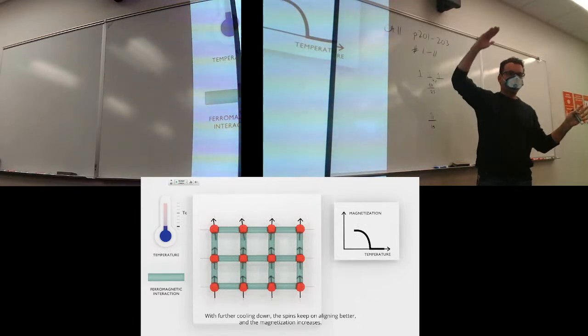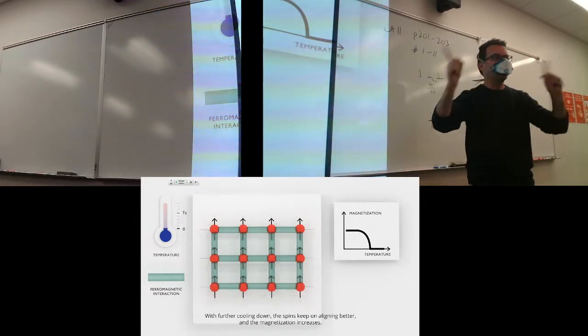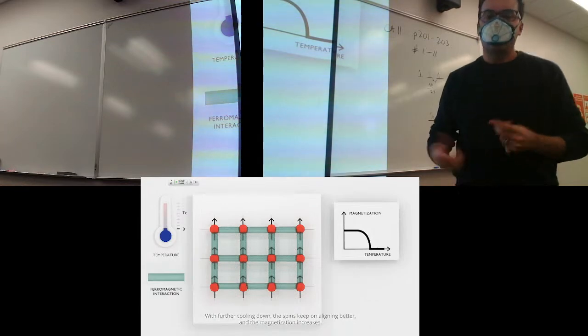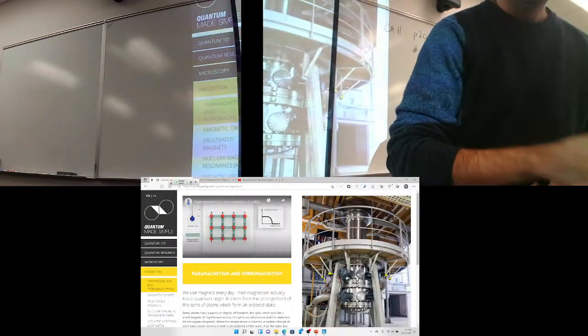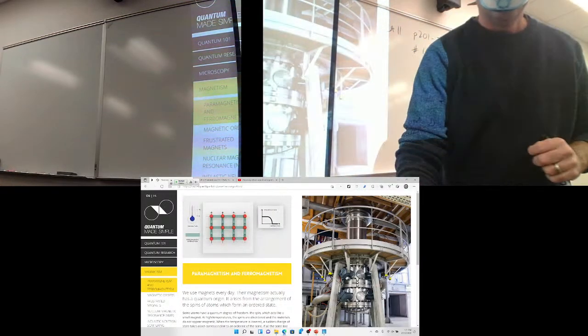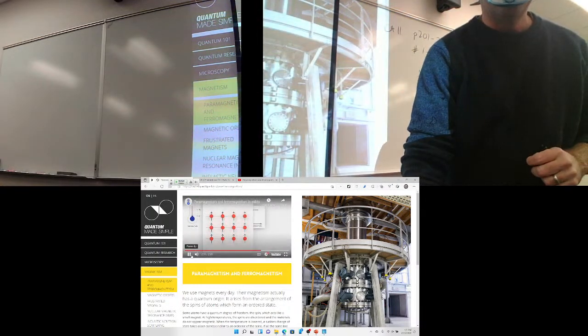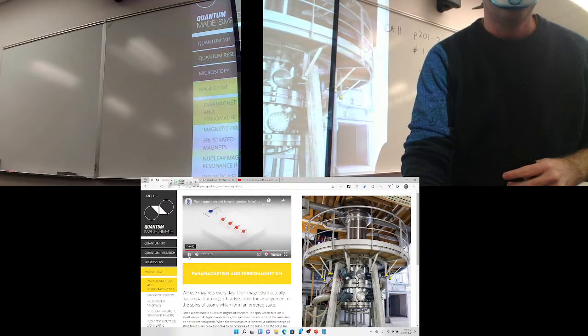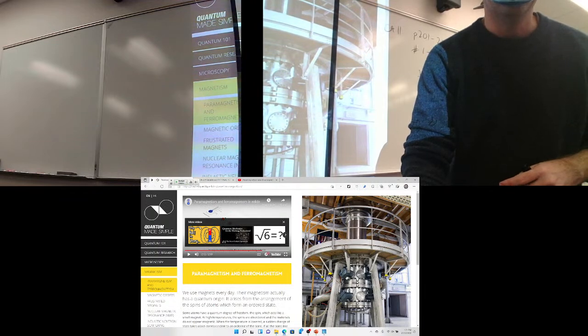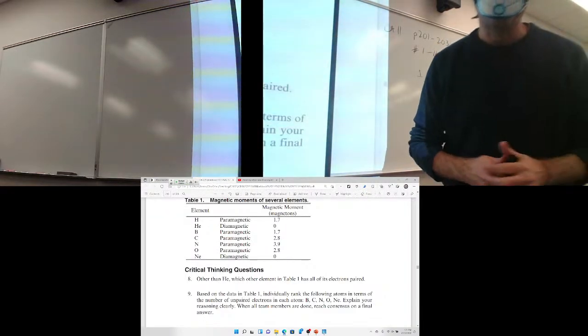You go above the Curie temperature, and all the spins are now random. So that's kind of what it is. We're not going to get into this at all. But magnetism is fascinating to me, so it's hard to understand sometimes. But that's where that comes from.